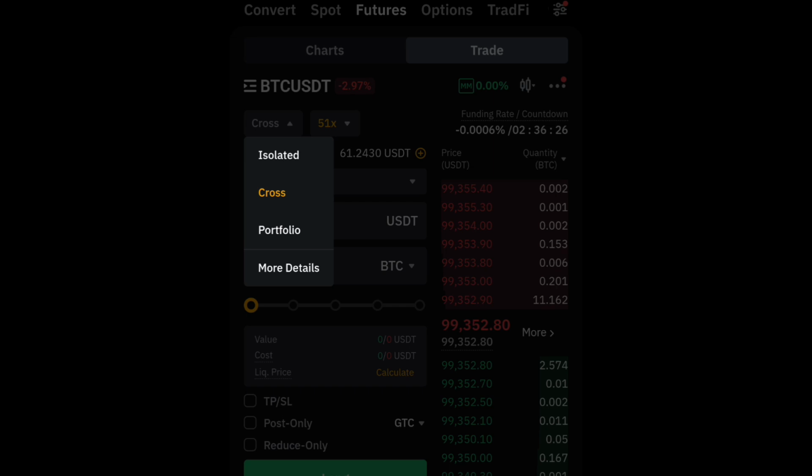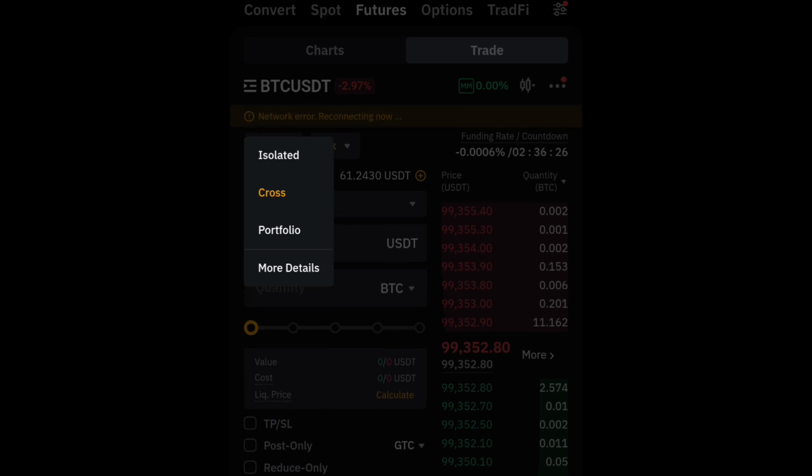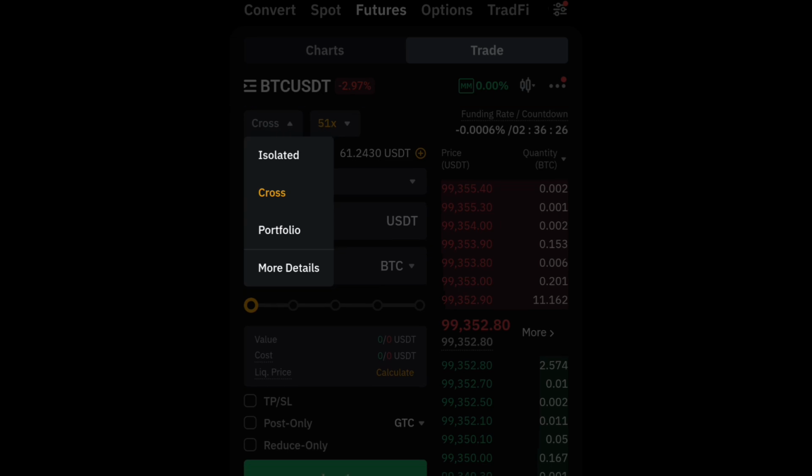If you put yours on cross and you have, let me say, $60, and you want to trade with $30, then you place the trade. Maybe the market is going against you, going down, and you are getting liquidated. The remaining $30 is used as cover for the other $30 that is being liquidated.